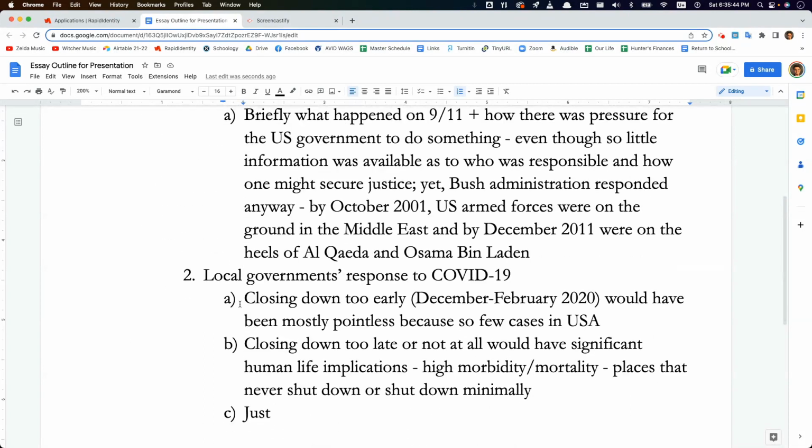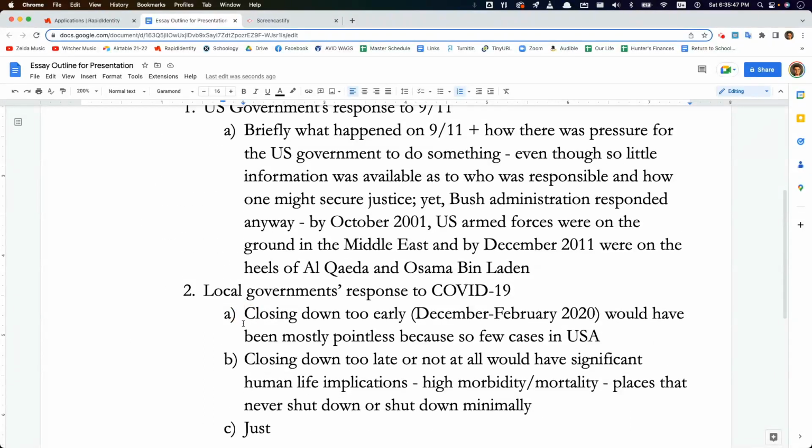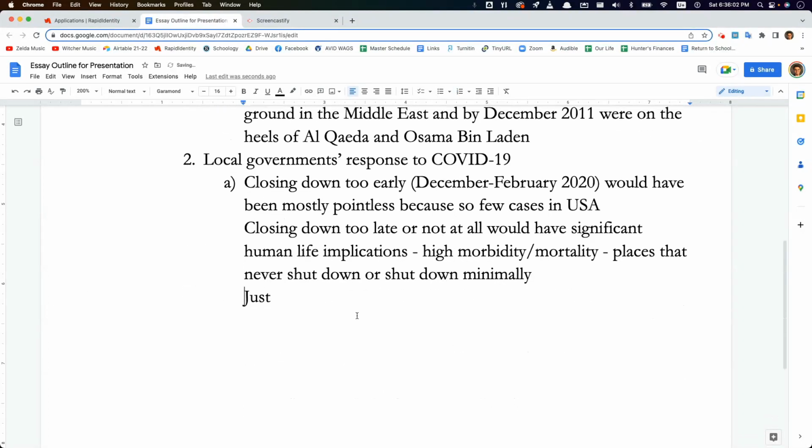You'll notice there's like A, B, C here. I think I would actually want to clean that up by having A there, and then just deleting these, and just making this more like a list. And I would talk about how the just right closures in retrospect are like what Santa Clara County, California did, shutting down in March.